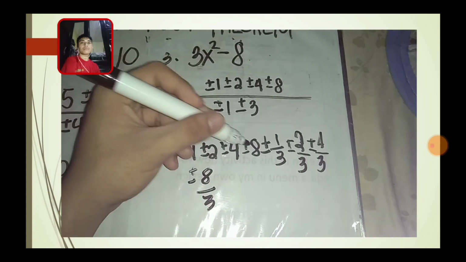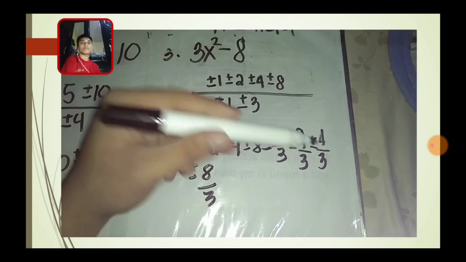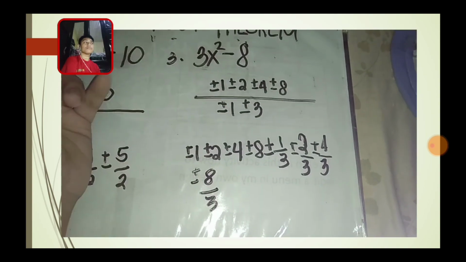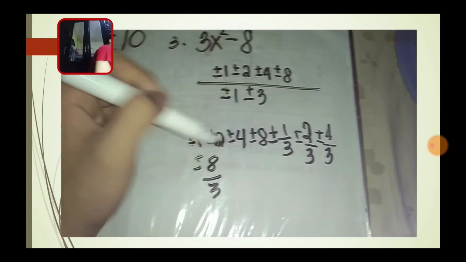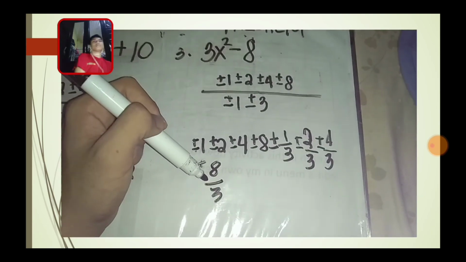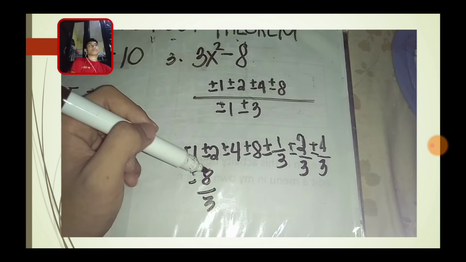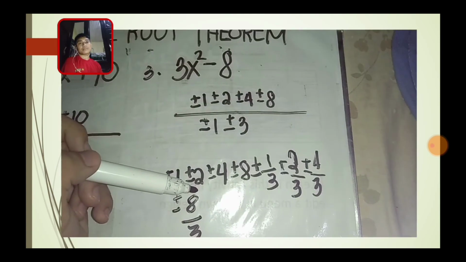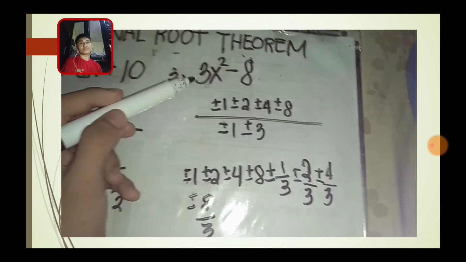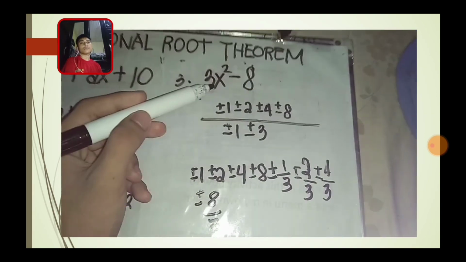So 1, 2, 3, 4, 5, 6, 7, 8, times 2, we have 16. I suggest counting the positives, then the rest are negative, so you do not count them one by one: count them all, then multiply by 2. So, that is the quantity of roots of the 3x squared minus 8.